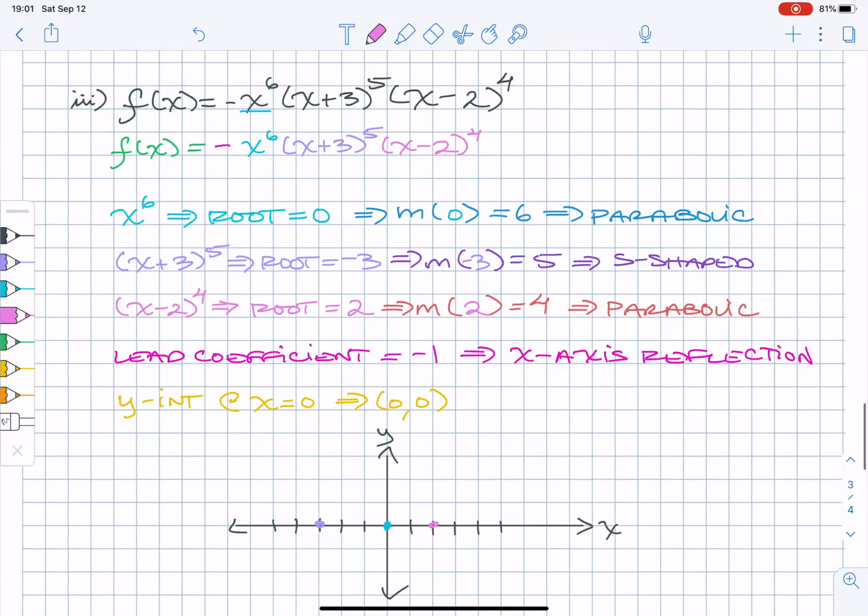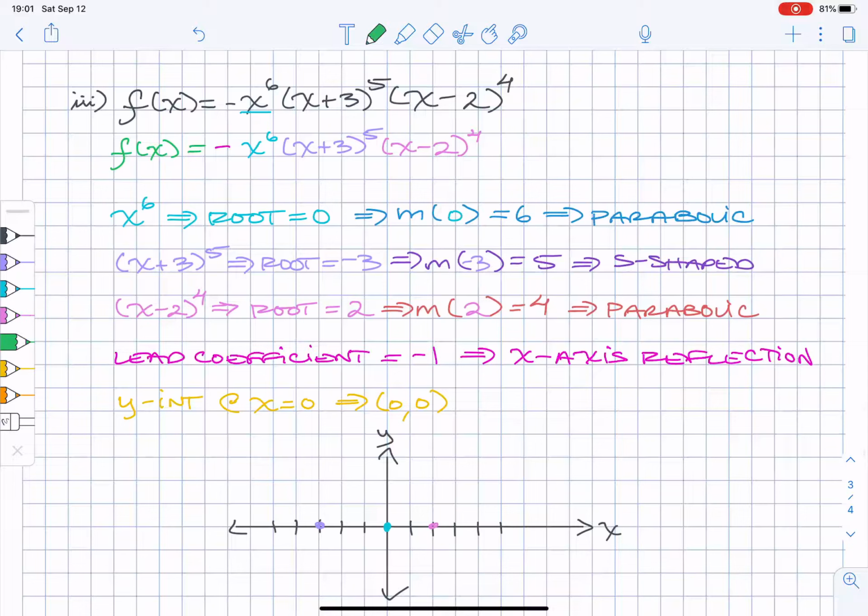Oh shoot, I forgot to do my overall degree. So the degree is equal to 6 plus 5 plus 4, which is 15. So that's S-shaped, right? So let me write this down here. End behavior, what am I saying?